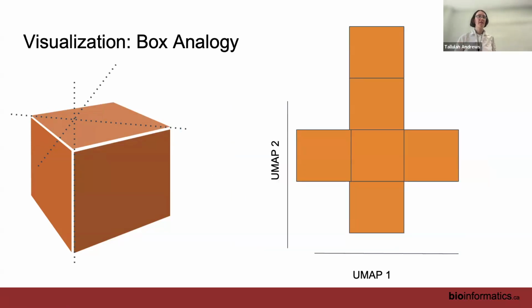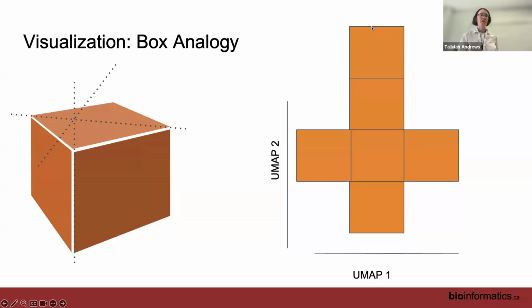What we could do instead is we could rip open our box and unfold it onto our flat space. Right, so now we can see all of the sides of our box, so we can see all of our data at once, and it's all in one plot. But the side effect of this is that the distances between stuff in our plot aren't the same anymore, right?